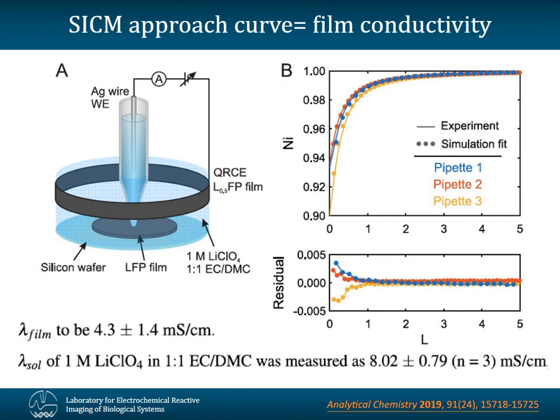And you can see that by carrying out similar approach curves as we discussed previously for the cancer cells, but in this case, we're looking at the ionic conductance in solution. We can extract the conductivity of the film and compare it to that in solution. So I'd say in recent years, more people have been trying to look at porous anodes and cathodes, whereas all the previous substrates that we had discussed were pretty solid.